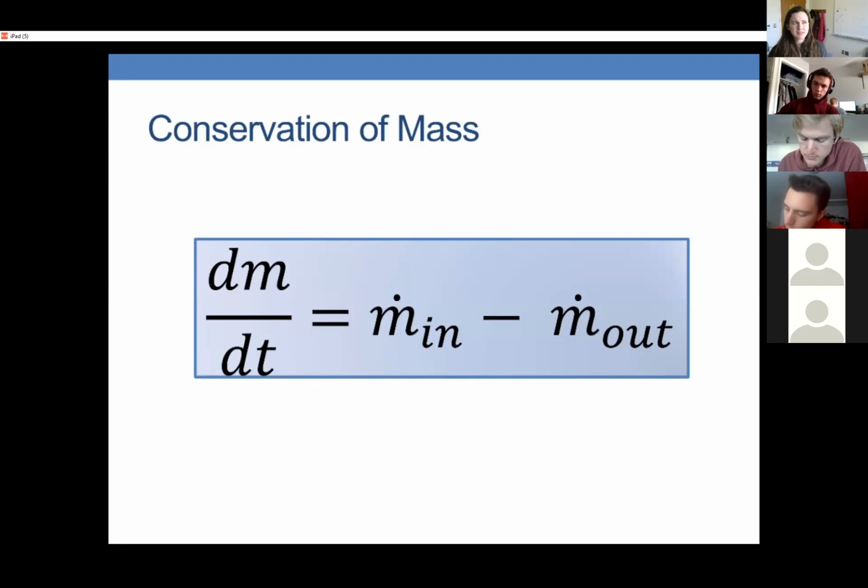Now, some of you may vaguely remember doing mass balance problems like this in calculus class. Sometimes calculus will have mass balance problems like this as an example.